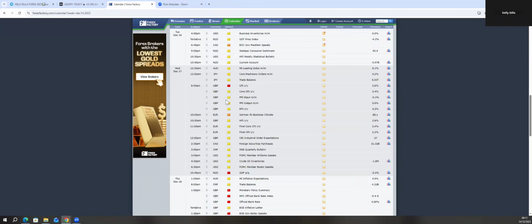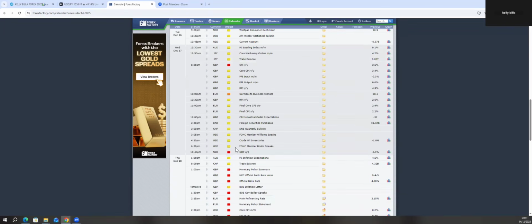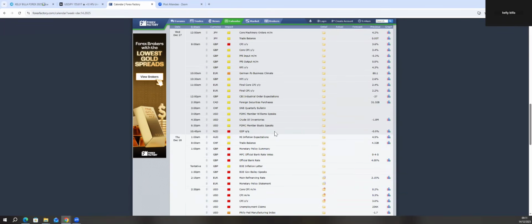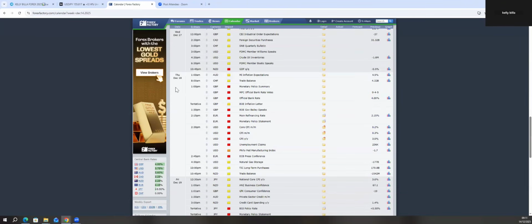And then Wednesday, we have CPI for GBP and NZD, so I won't trade NZD pairs. And then Thursday, we have monetary policy for GBP, official bank rate for GBP, at 1 p.m. GMT+1, and then the Bank of England will also talk at 1:30 p.m. GMT+1.